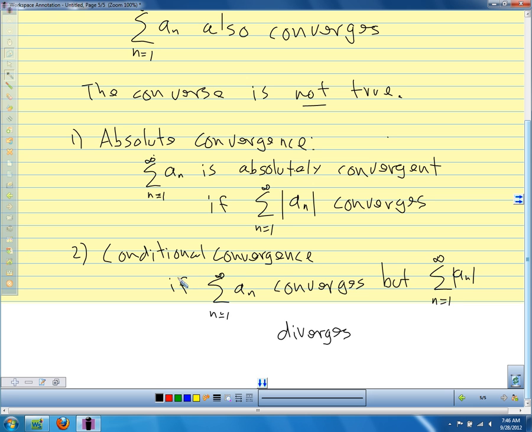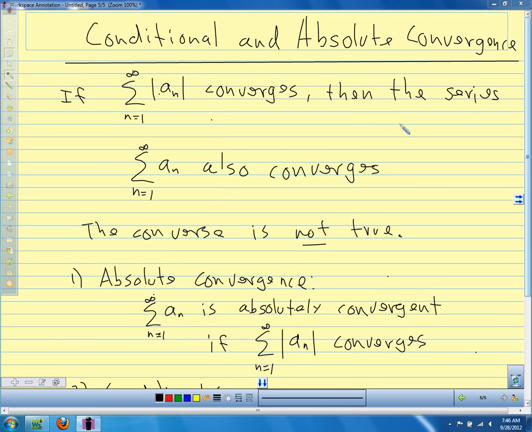That would be an example of conditional convergence. The alternating harmonic series is conditionally convergent, because the alternating harmonic series converges, but the absolute value, which was just our normal harmonic series, diverges. And just to be clear, in our definition of conditional and absolute convergence, the terms a sub n can be positive and negative.